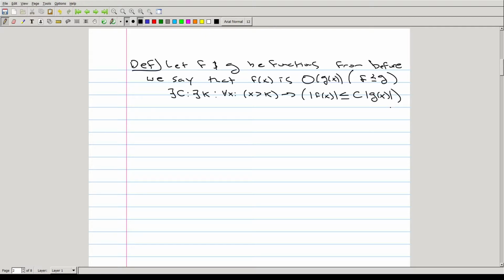And this is essentially stating that eventually, we can find a constant c and a constant k, such that if x is greater than this constant k, the function f of x will always stay below some constant c times g of x. And this is what we mean by f is dominated by g.